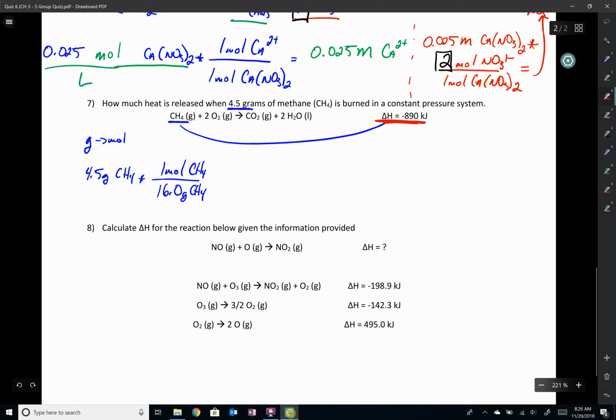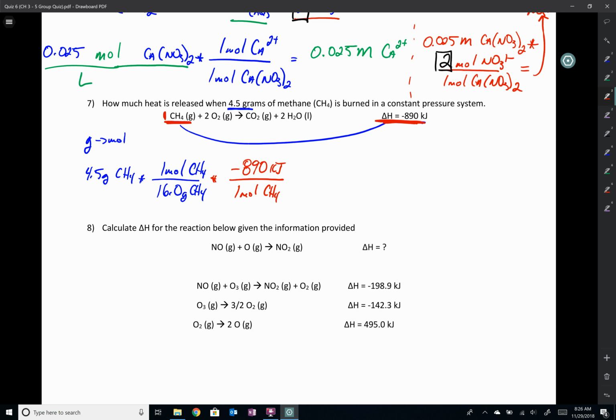Now we're going to use this ratio here. For every 1 mole of methane, we produce, or we release, 890 kilojoules of energy. So this is part of our stoichiometric balanced equation.